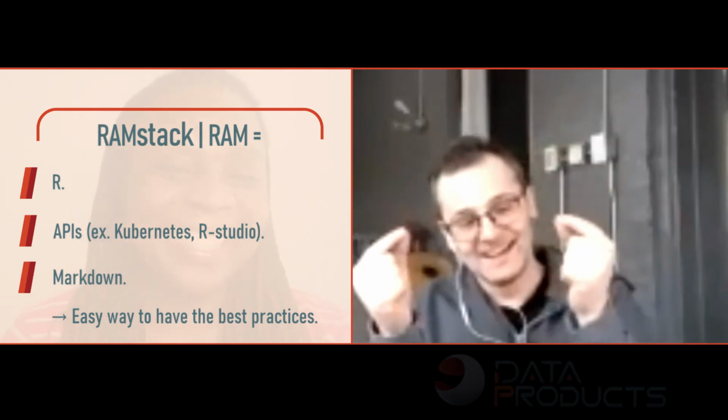So that's your API, or you can have a Plumber API or whatever APIs you want, and then not markup, but Markdown. Markdown's pretty much won the markup war in data science. So R APIs and Markdown, and you too can have all these best practices. And it's just sitting there waiting to be branded. And I've done little to no work at all other than connect these two threads and embrace the branding. Right. So I'll bring you back to one key tenet in terms of what we're talking about here.